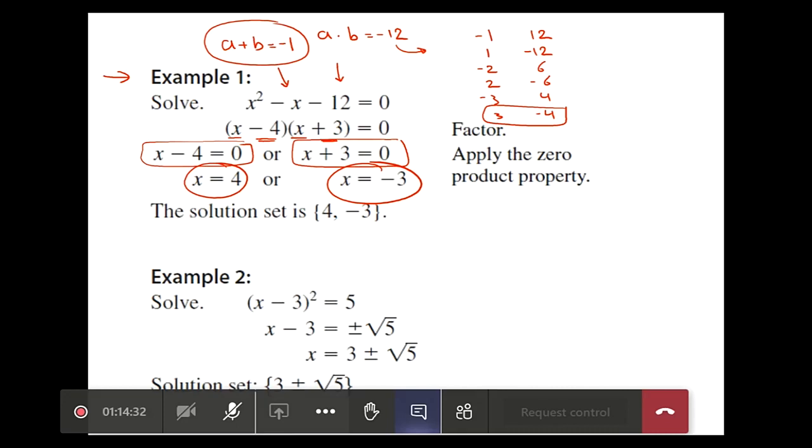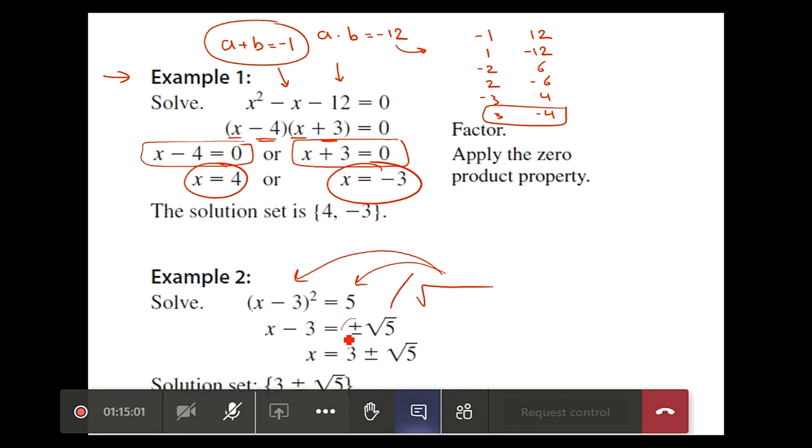The second example, look at this example. Here, if we have a number on one side and a square on the other side, take the radical directly. So we need to take the radical for the square and the radical for the 5. If we take the radical of the square, we remove the square with the radical, so we have x minus 3.